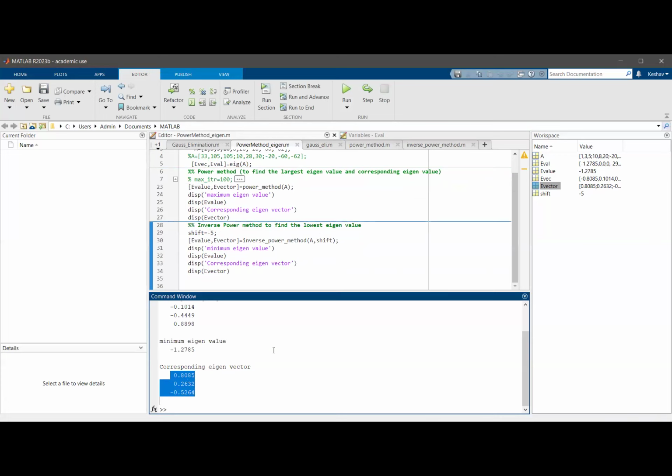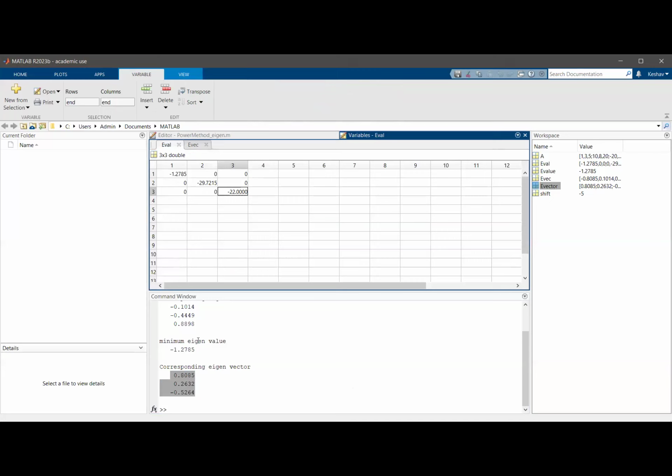Why? Since my shift value -5 is much closer to -1.25, whatever the value is, compared to the other value. That's why it is giving me this eigenvalue.